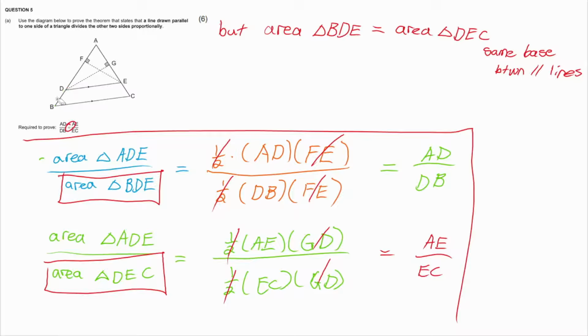If you have two parallel lines like we have here, it was given that this was parallel, and you draw two triangles like this, these two triangles have the same base. And that same base is this BC. Because if we look at this triangle, sorry, BC is not the same base, I was very wrong. DE is the same base.